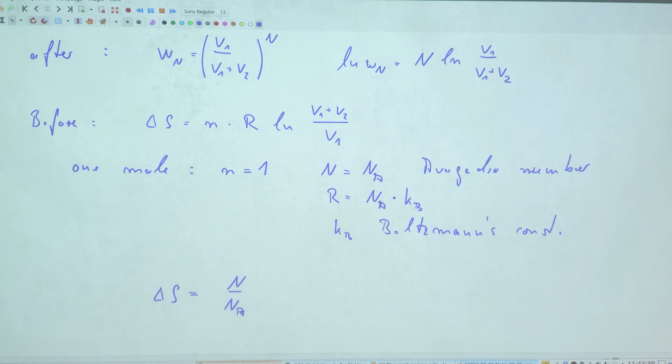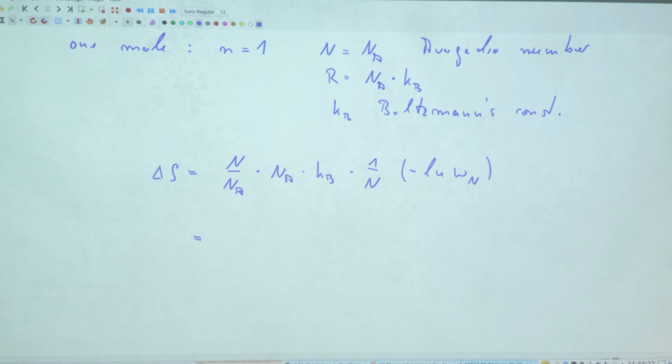So delta S now becomes: lowercase n is the number of moles divided by the Avogadro number, R is NA times kB. And then we have this ln here, which I want to replace here, which is just a minus sign. So it's 1 over n, minus ln Wn.